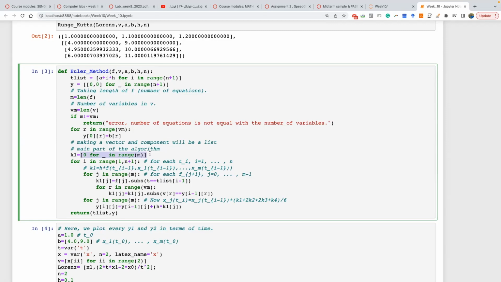If you remember, K1 equals F, so matrix A times Z1, Z2, and the result is a column vector, two things. To generate a list of zeros, the way I finally got it to work is this.